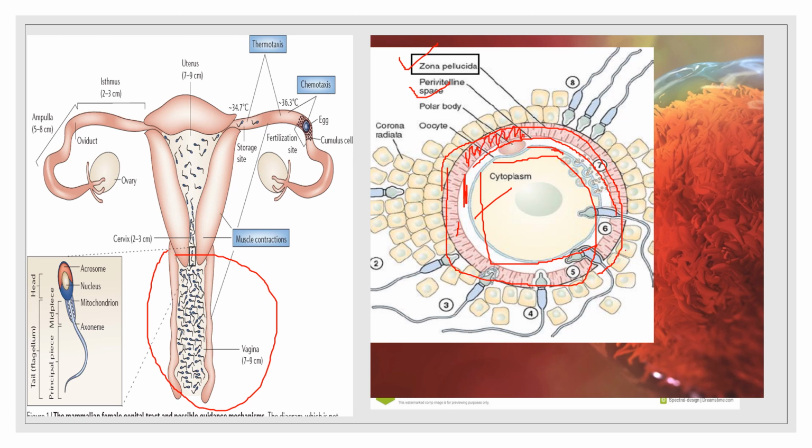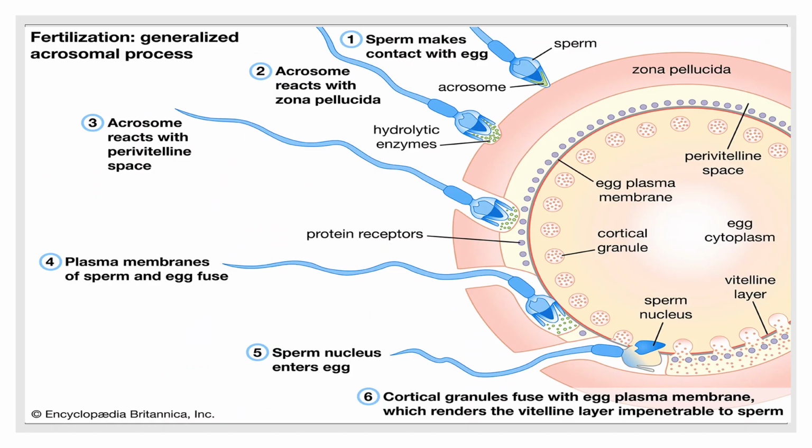Outside the zona pellucida, what is this layer? This is your corona radiata. So these are the layers that the sperm has to penetrate in order to reach the ovum. What are the steps by which it will penetrate these layers?